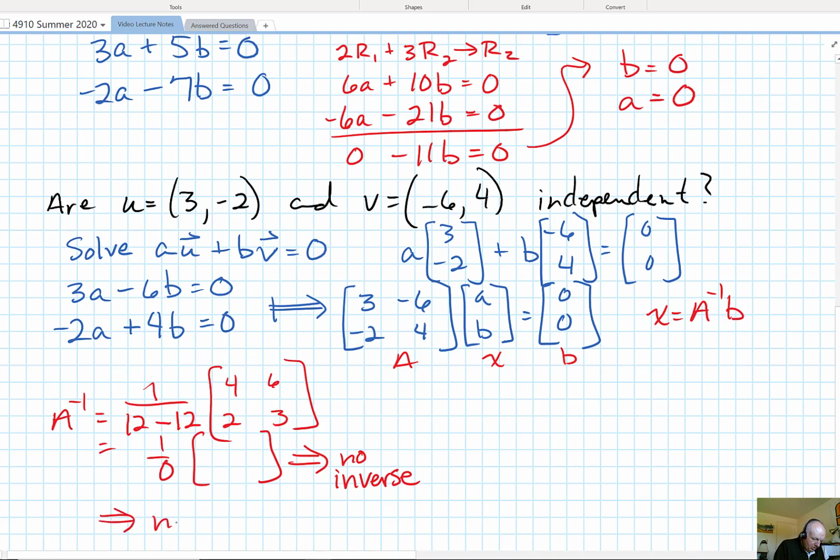Remember, as a system of equations, there are 3 outcomes. Either you get a single solution, or you have 0 solutions, or you have an infinite number of solutions. Let's walk through this. When there's no inverse, there is no single solution. So we've eliminated that. We are down to either 0 solutions to this system, or an infinite number.